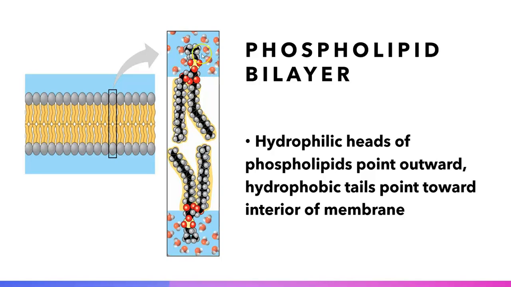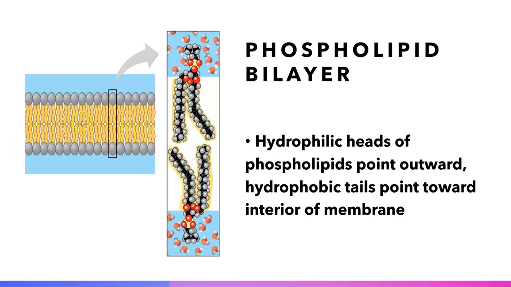So we have this phospholipid molecule that has a dual nature of being hydrophilic and hydrophobic. The hydrophobic tails are not going to want to be anywhere near the water, but at least one end of it likes the water, and that's the phosphate group or the head region of the phospholipid molecule. So we cannot have just one layer of phospholipids because then the tails would be in contact with water, but we need two layers.